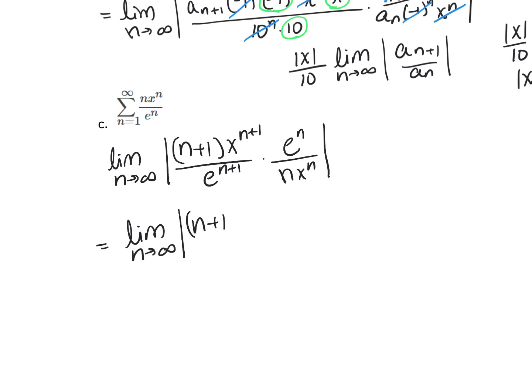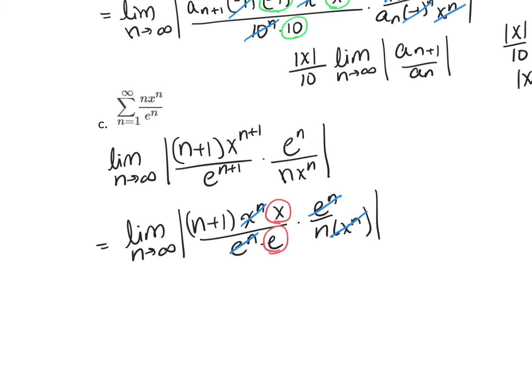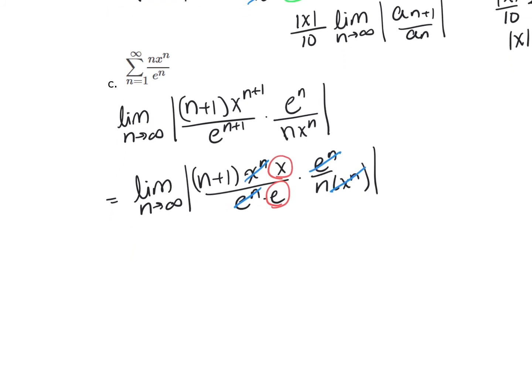N plus 1, well, there's not much we can do about that, but we can write x to the n times x, e to the n times e to the n, x to the n. E to the n's cancel, x to the n's cancel. This x and this e will come out front because it's not dependent on n.